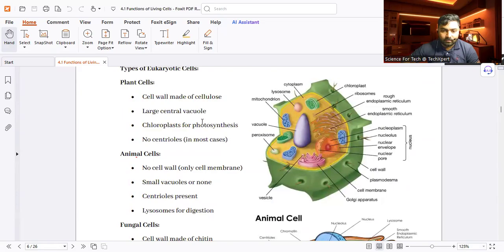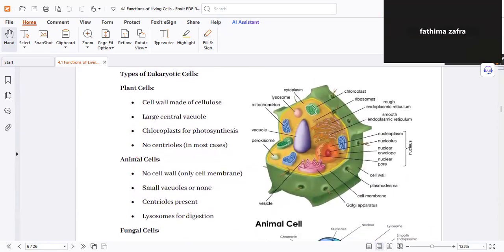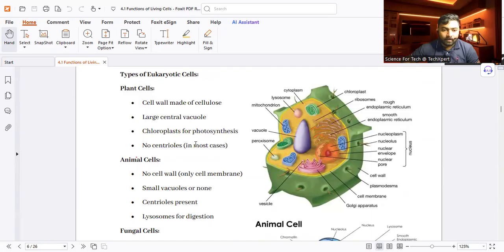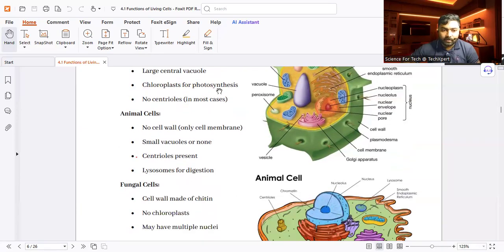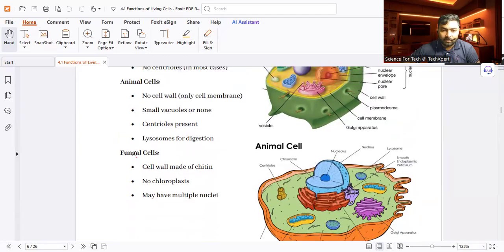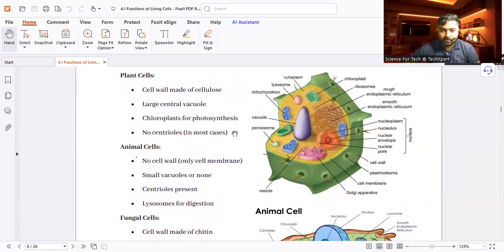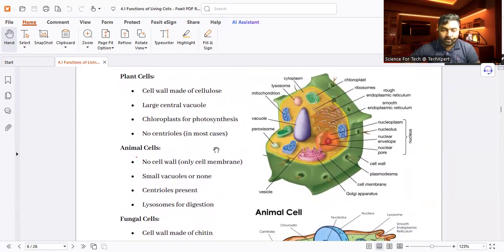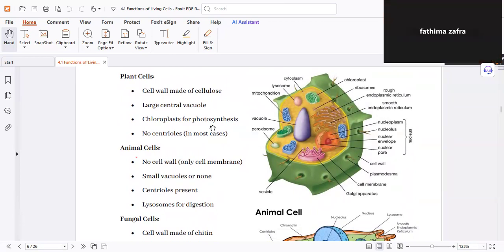Yes, sir. Clear. Okay. Then can you tell me what are the things which can be commonly seen among plant cells, animal cells, and fungal cells? What are the common things? So Golgi complex.